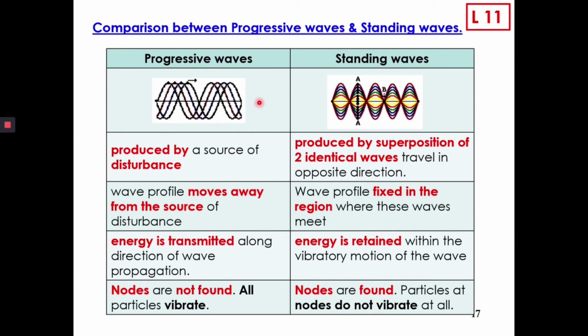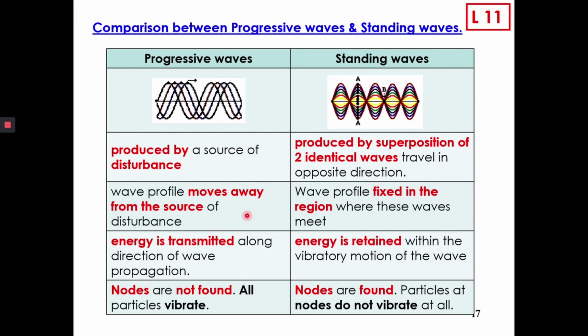The progressive wave is produced by a source of disturbance, but the standing wave is produced by superposition of two identical waves. These two identical waves are actually two progressive waves which have the same amplitude, the same frequency, the same omega and so on, and travel in opposite directions.